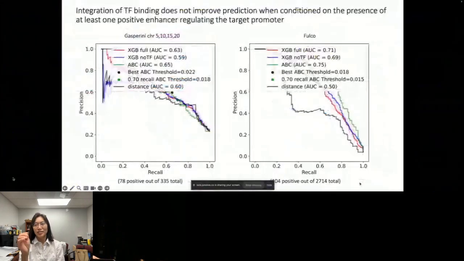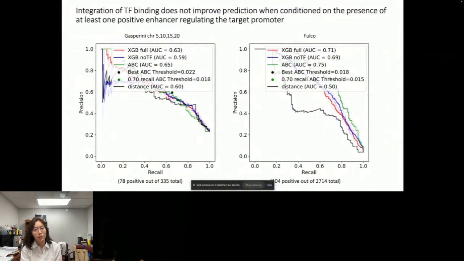Yes. Once we filtered the data set to include genes with positive enhancers, we saw the same pattern where we couldn't see a significant increase in performance compared to ABC.